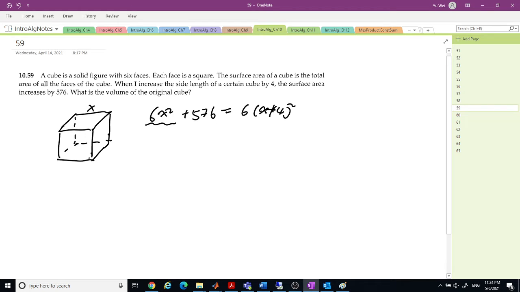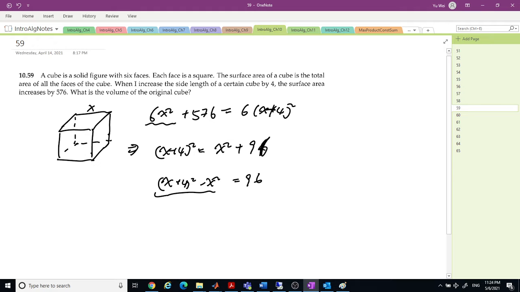Okay, now let's solve this equation. This is equivalent to, dividing by 6, (x plus 4) squared equals x squared plus 96. Then (x plus 4) squared minus x squared equals 96, right?